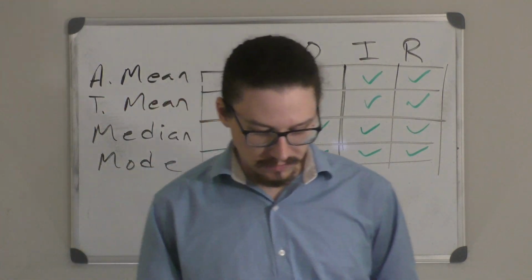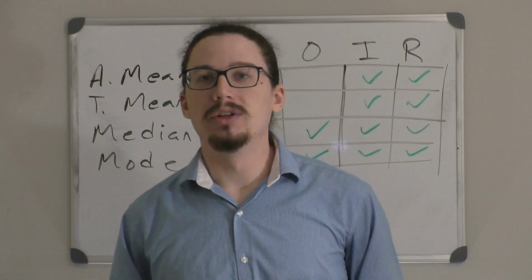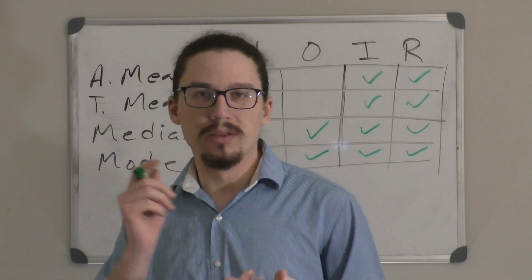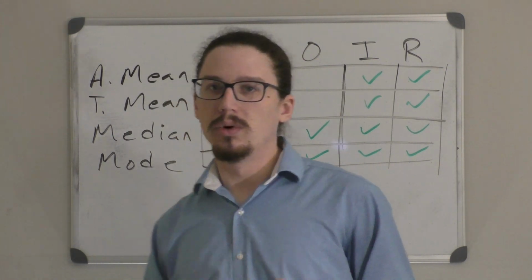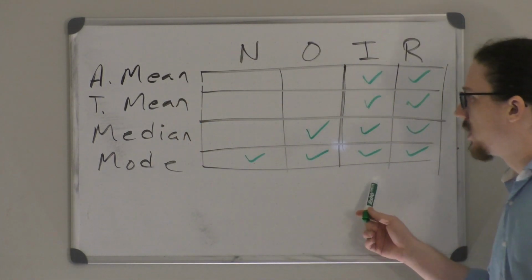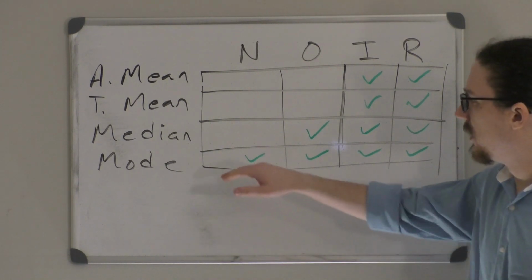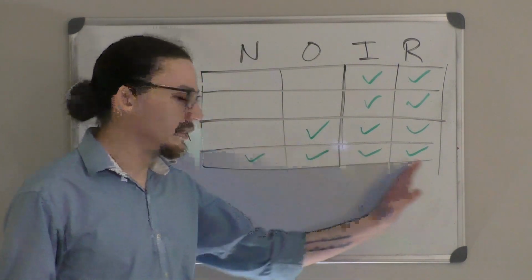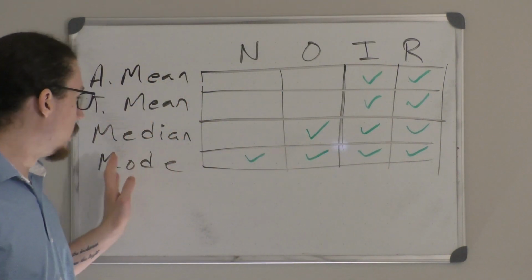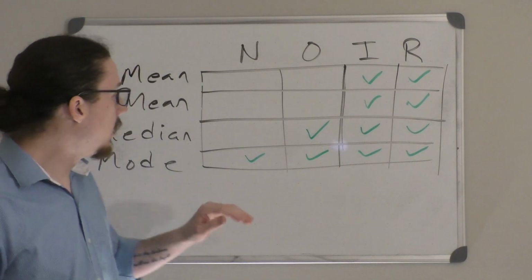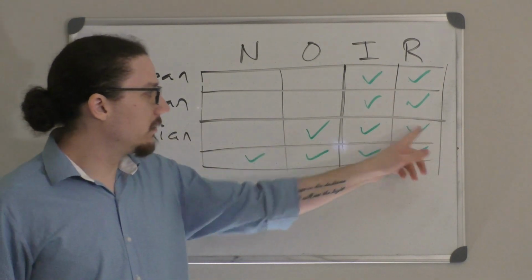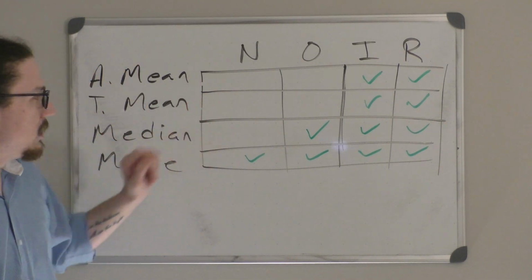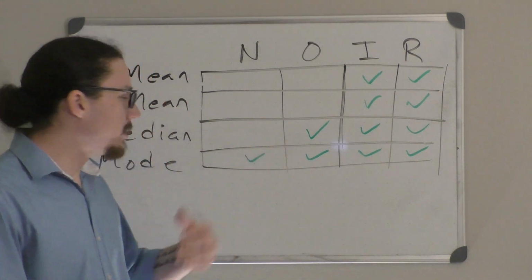For the mode, we can use this one at any time. For any of our different levels of measurement, all we need is to be able to find out which one's the most frequently observed. That kind of harkens back to the frequency distributions, and we can do those with nominal, ordinal, interval, or ratio data. So the mode, we can use with any of these levels of measurement.